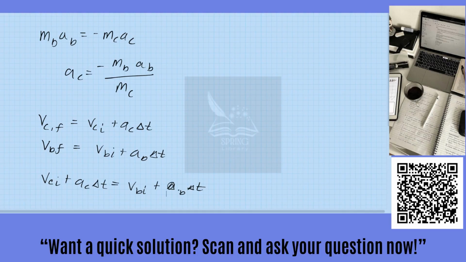Since both of those final velocities should be equal, and VB initial is 0, we get that AC is AB minus VC initial over delta T. We just found an expression for AC.